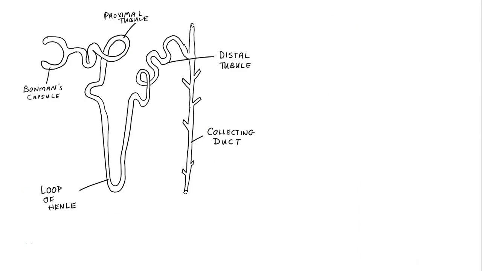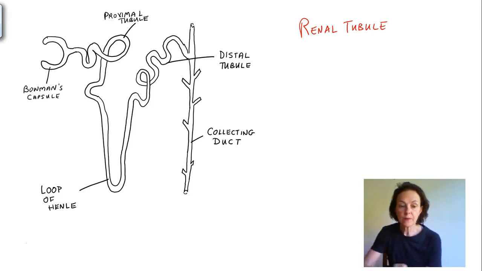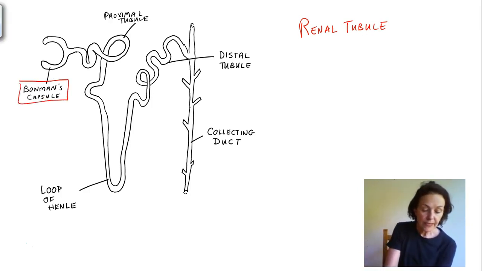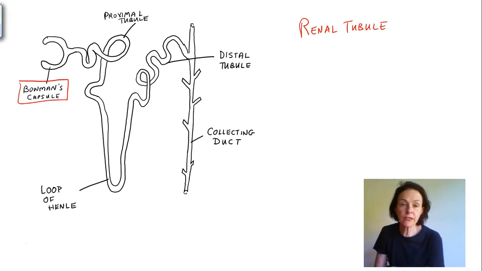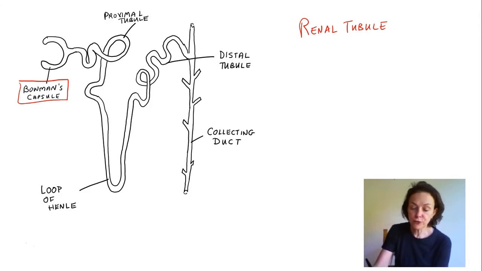This is the main structure of the kidney tubule, also called the renal tubule. And the kidney tubule contains the Bowman's capsule, into which the urine is first filtered out of the blood. And at that point, it's not yet called urine, it is called filtrate.